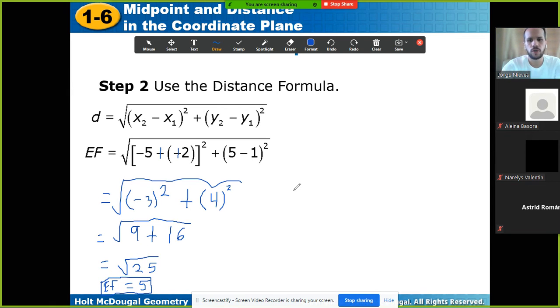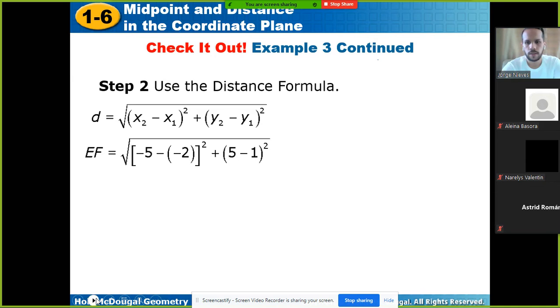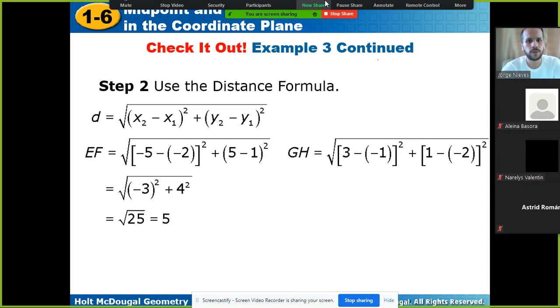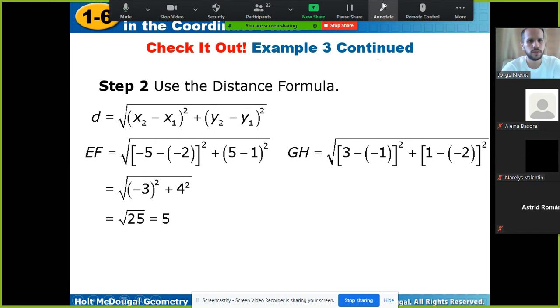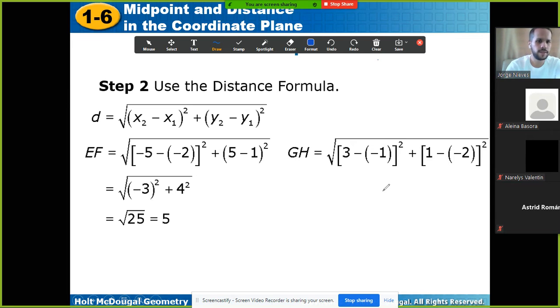So let's go to the other coordinates to see if they are similar or equal. Vamos a verlos rápido. Entonces eso daría 5. So let's do the other one. In the other one, we have 3 minus -1 to the power of 2, plus 1 minus -2 to the power of 2.